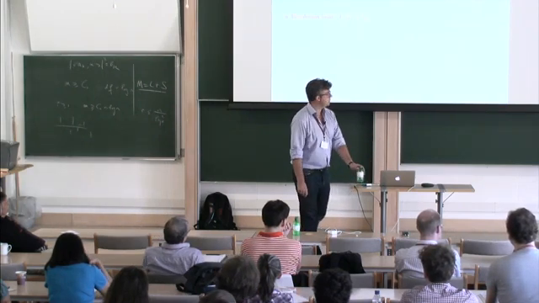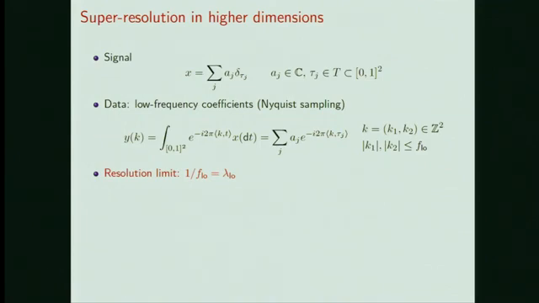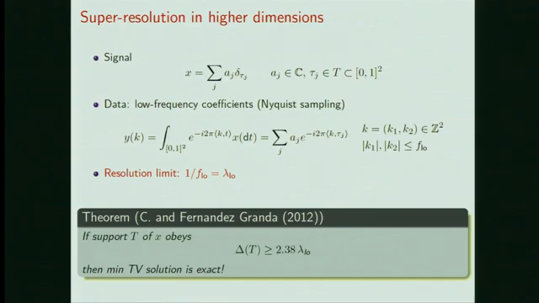Again, you have the same notion of resolution limit, which is a frequency cutoff, and now it's like measuring moments of a measure that lives on the plane, and the result is exactly the same. If the sources in the plane are separated by something like twice the Rayleigh distance, then the recovery is exact. So you will locate these sources in the plane exactly.